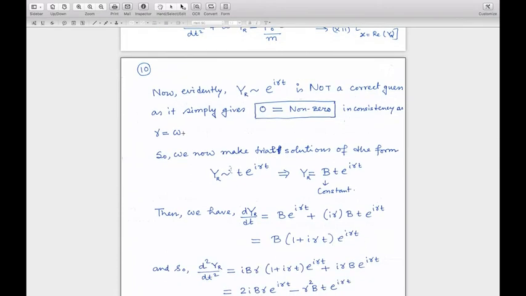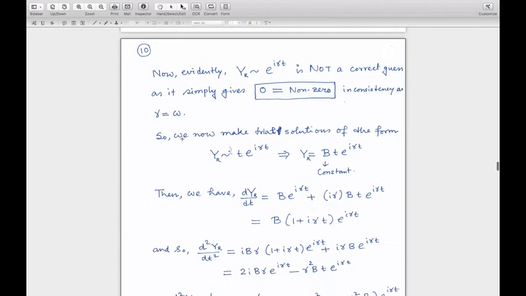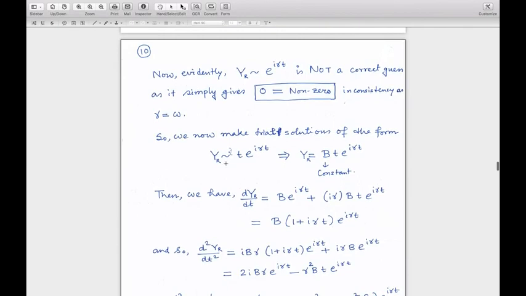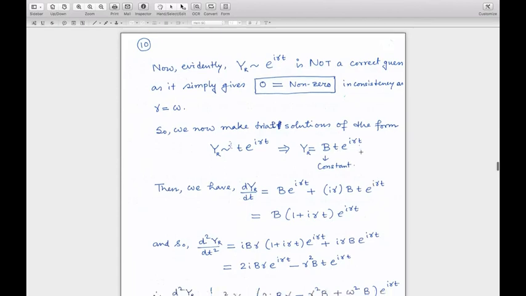So for the case γ = ω, we have to make a trial solution of the form y_r equal to a function of t times e^(iγt). In the simplest case, the function of t is substituted by t itself. So y_r will be proportional to t e^(iγt), and then y_r = bt e^(iγt).